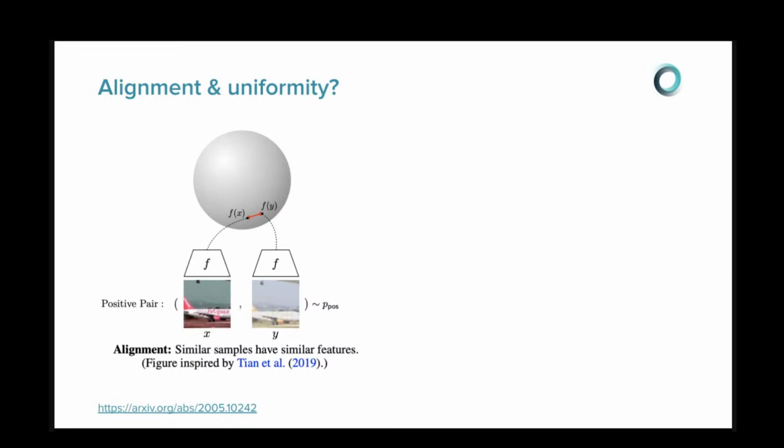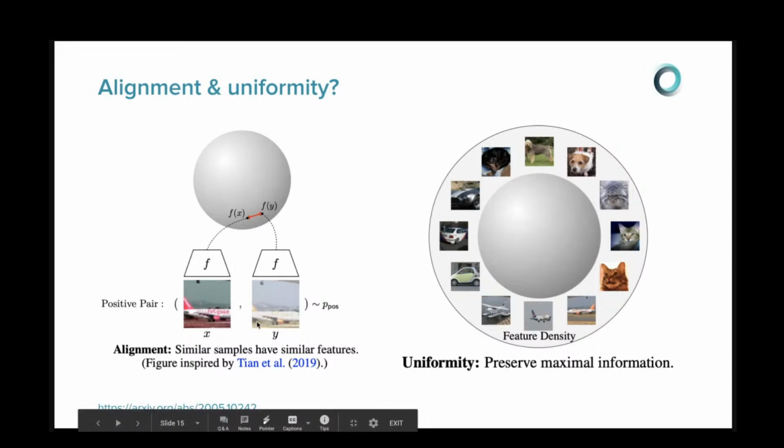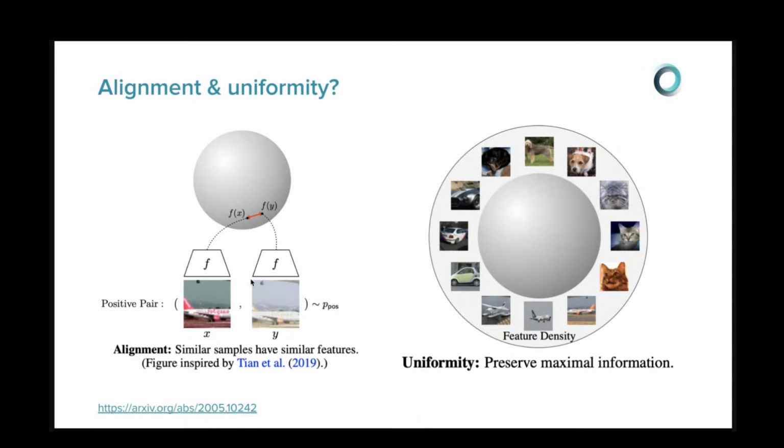But on the other hand, the loss function does something else, and this is preserving uniformity, which also means preserving maximal information. So we want to attract the similar views, but push all other views away from our positive example, and this generates an even separation of the other samples.